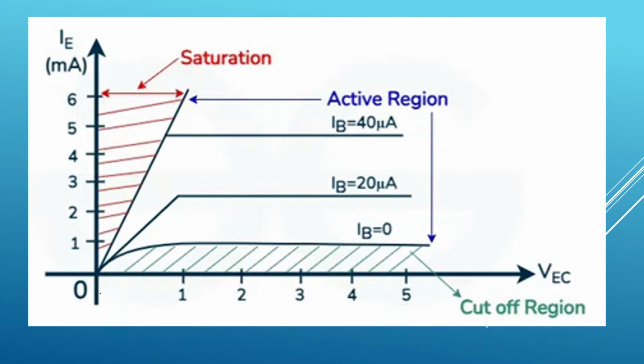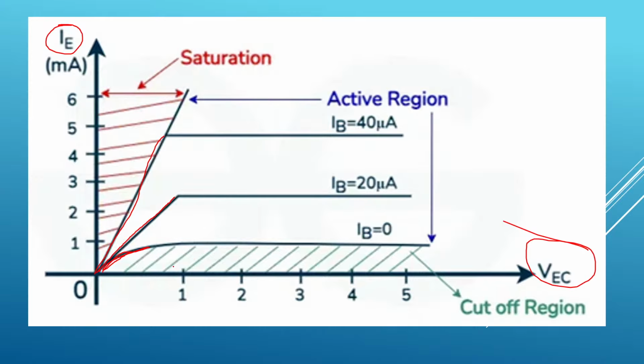The active region is the region where, as VCE is varied, IE also varies. So I can say this line is the active region, up to here. Active region means both parameters should vary.